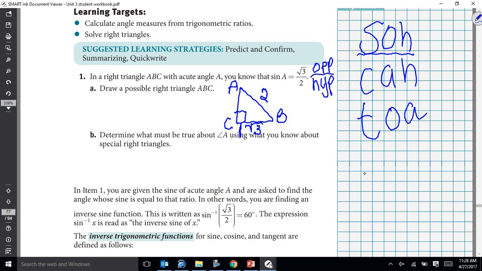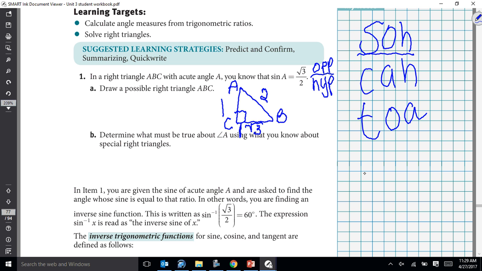It's a 30, 60, 90. So if this is 1 times the square root of 3, then what's this side going to be? In a 30, 60, 90, how does the hypotenuse relate to half? So this is 1, and then this side is this side times the square root of 3.